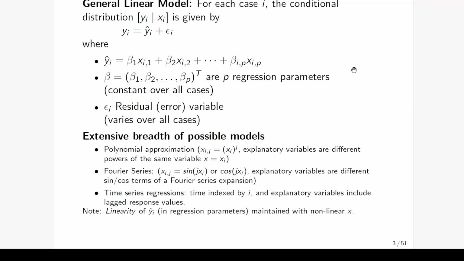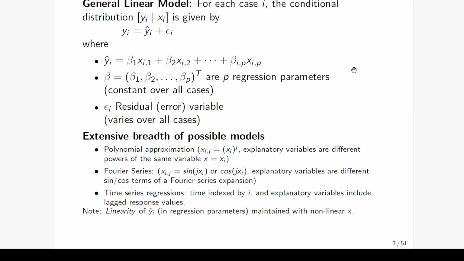And we define a general linear model with these equations here. We basically have our observed yi values being a sum of a fitted value plus error. And the fitted value y hat i is written here as a linear function of the independent variables xi with coefficients beta 1 through beta p.